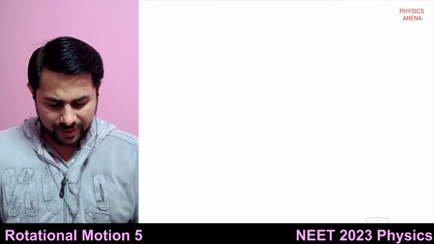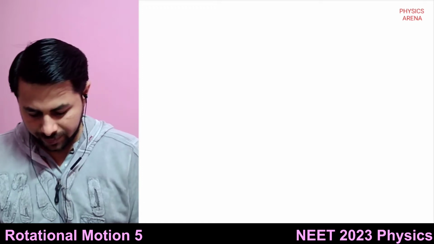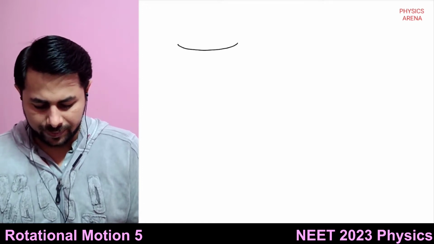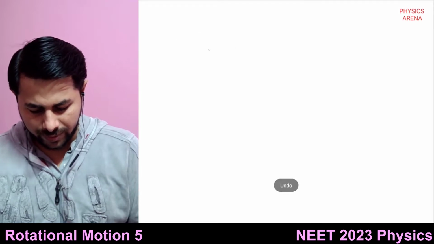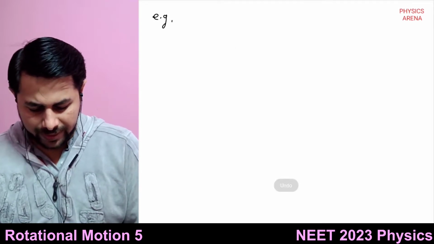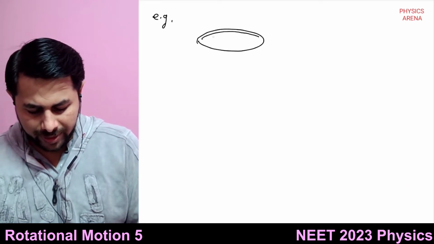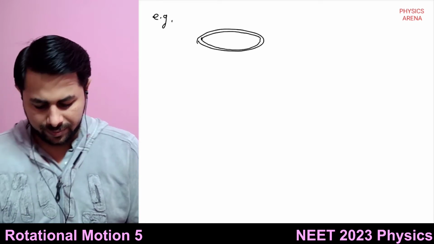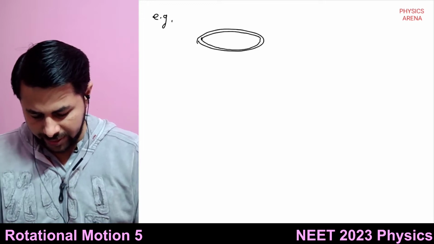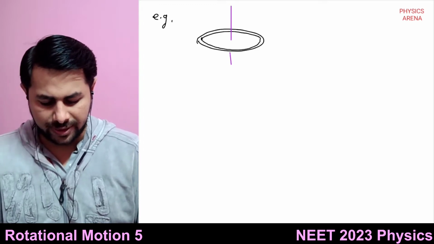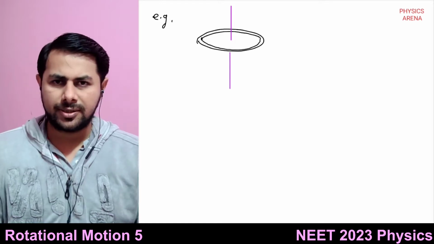So let us see an example on this. For an example, let's consider a ring. So we know the moment of inertia of a ring about an axis which is perpendicular to its plane and passes through the center of mass, that means its center.